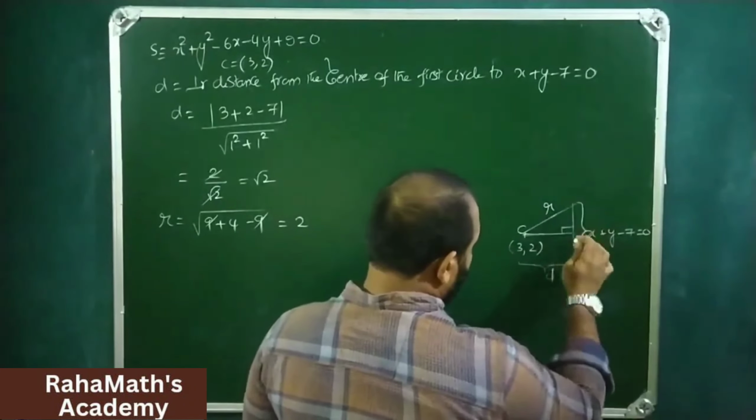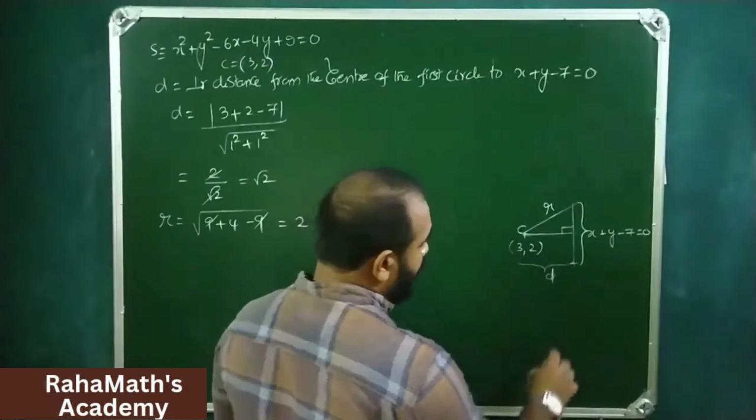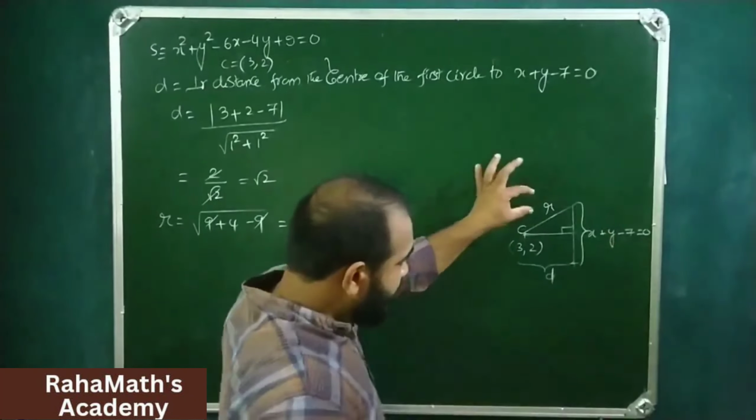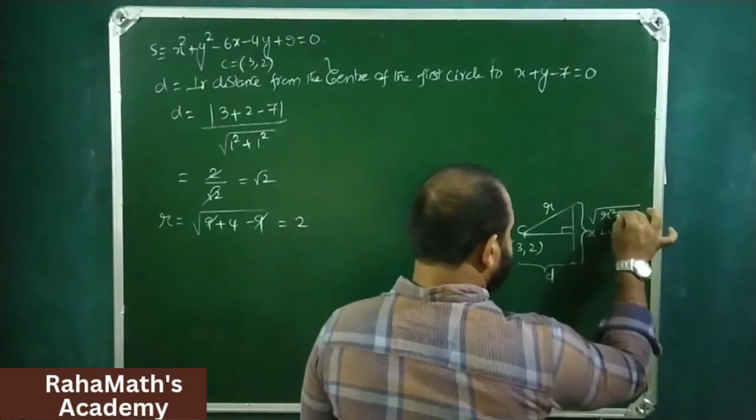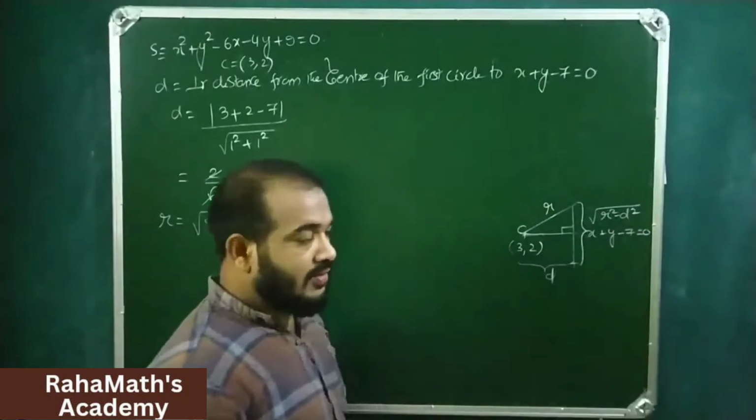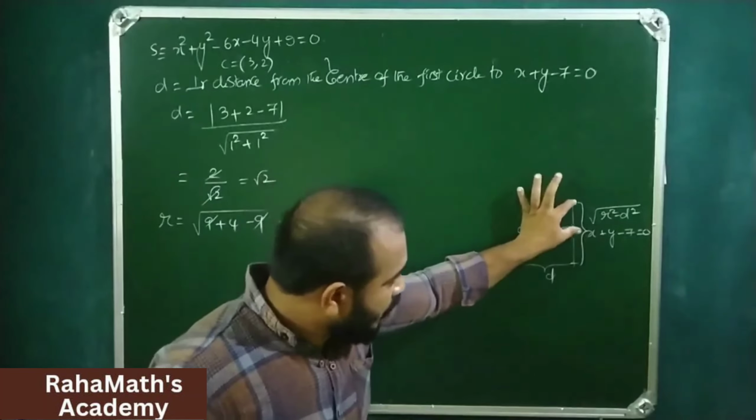Now this is R and this is D. This is the square root of R square minus D square, by Pythagoras theorem. So this is the unknown value.